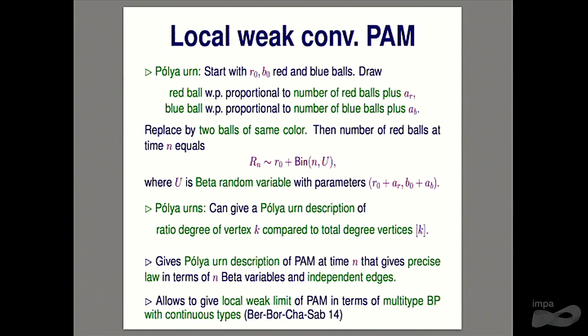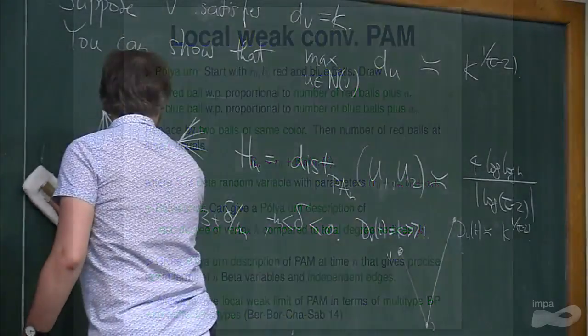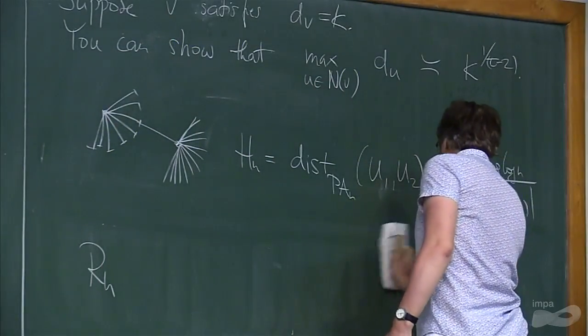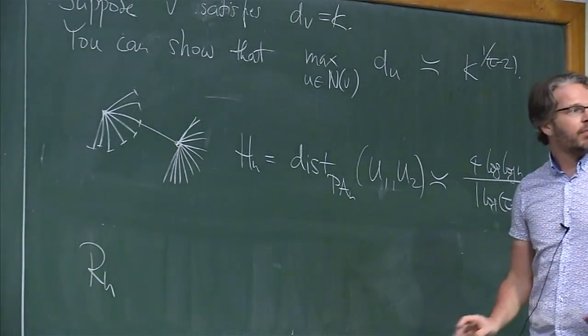Okay? It turns out that if you look at the proportion of balls of each of the two colors, that's a random variable. And it will converge almost surely to a certain limiting random variable. And that's some sort of a beta distribution depending on the initial number of balls of each of the colors. But there is a very beautiful theorem by De Finetti about exchangeable random variables that will actually then tell you that if you look at the number of red balls at any given time, I can describe this in terms of the limiting random variable.